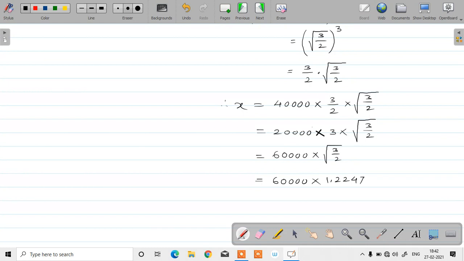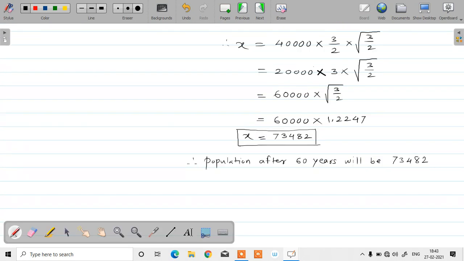Now just do the rough work here, and you will get the value of x as 73,482. This will be the value of x. So the population after another 20 years will be 73,482. Hence the population after 60 years will be 73,482.